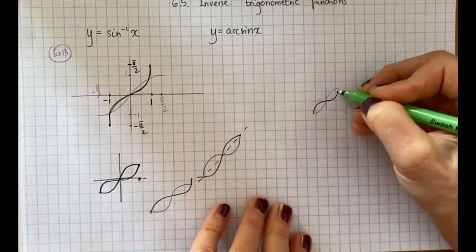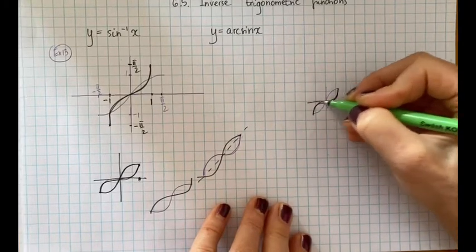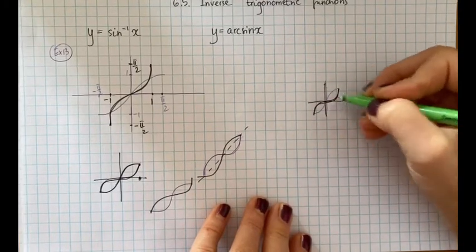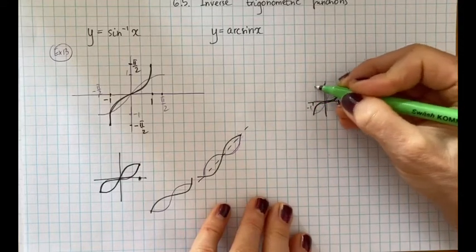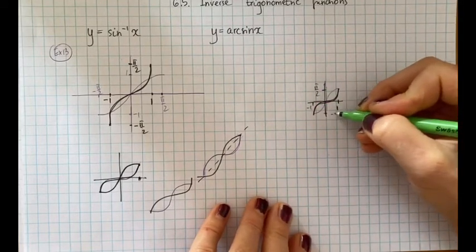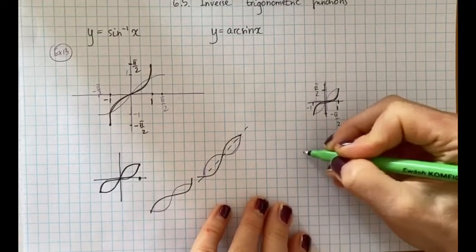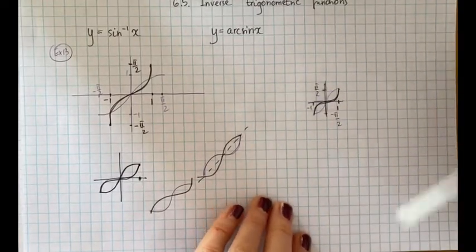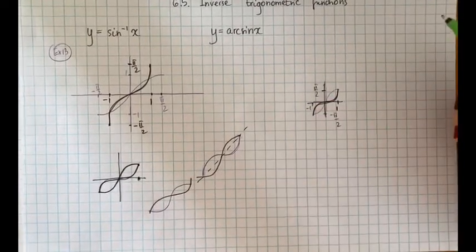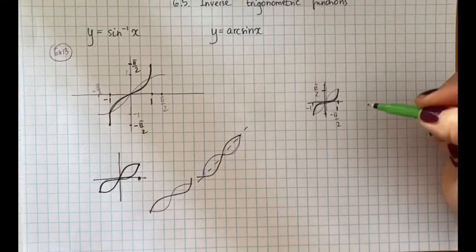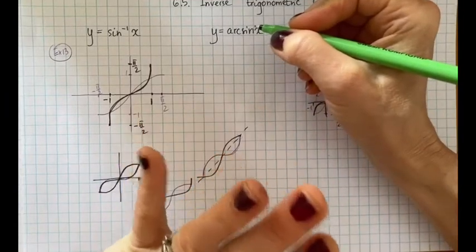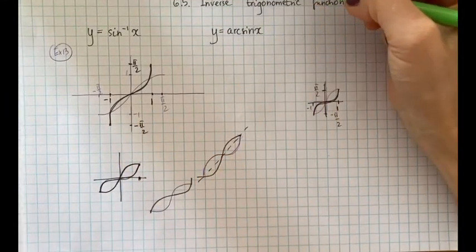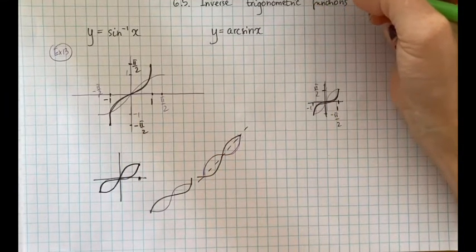Then all you need to do is put the numbers: 1, minus 1, pi over 2, and minus pi over 2. So draw the bottom of the sine, fill it in with the top, and the filled-in top, the black one here, that's your arc sine. You can only do it if you choose a part of the sine graph that is one-to-one.